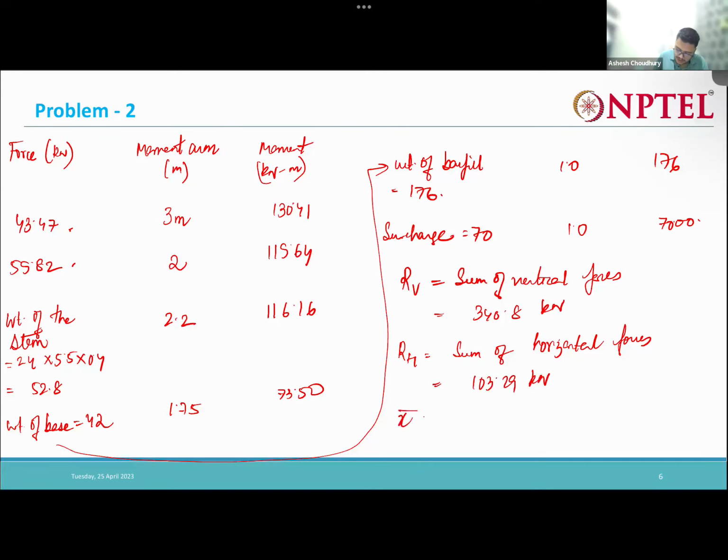So my X bar will be 38685.71, which is nothing but summation moment divided by my vertical forces. So it's 2.01.